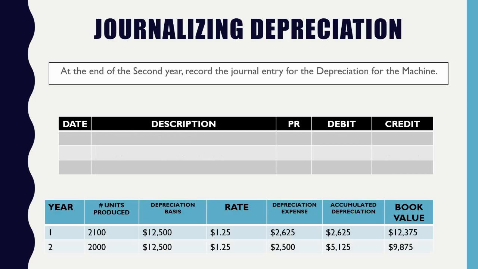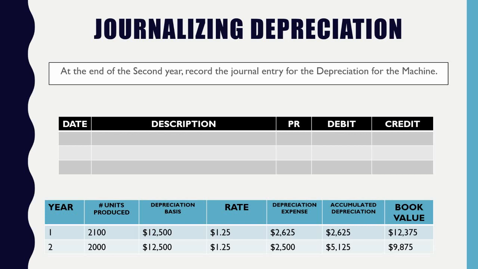Now, for every year that you do your journal entry, it's going to reflect the calculations that you created in the table. So in this case, for the second year of depreciation, I only produced 2,000 units. Therefore, my depreciation expense for that year is going to be 2,500.